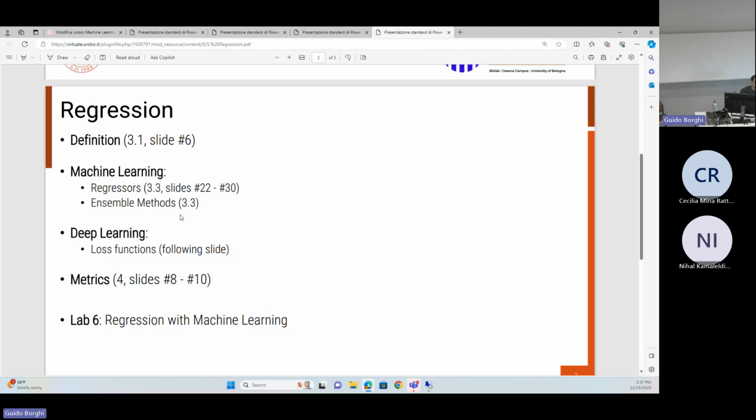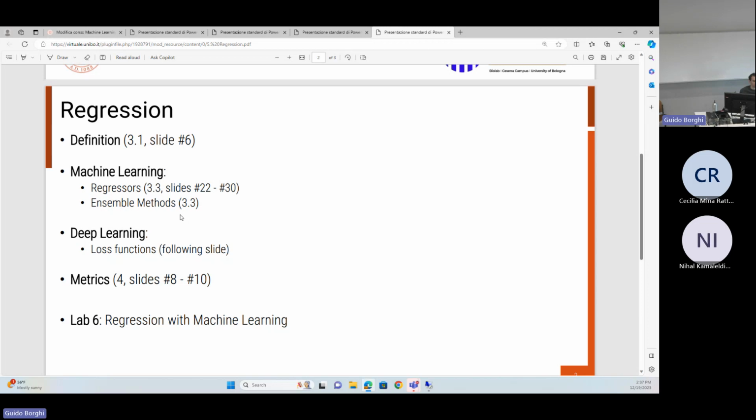With deep learning, also in this case, the theory is almost the same as for the classification task, but we have some differences in the loss function, as usual, since we introduced loss functions for the classification task.